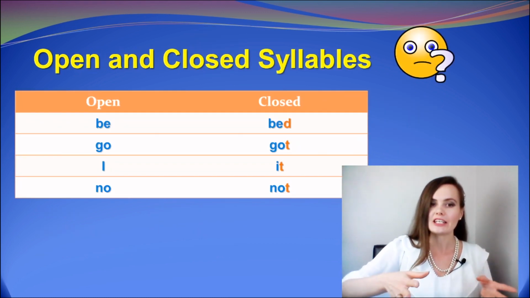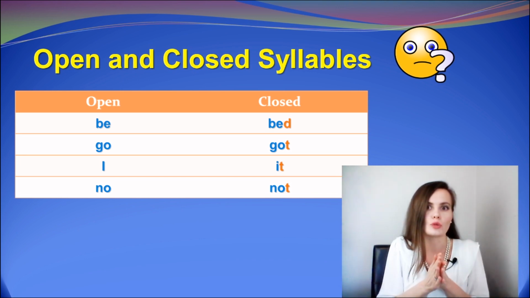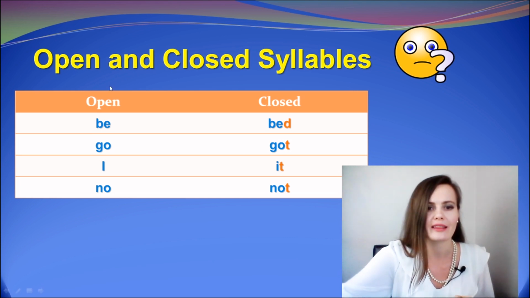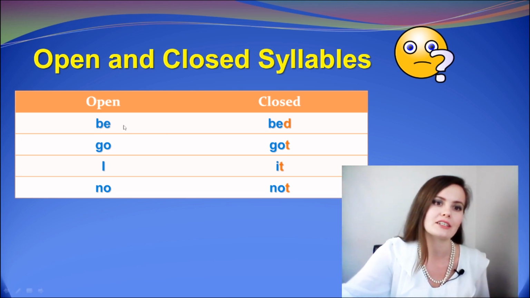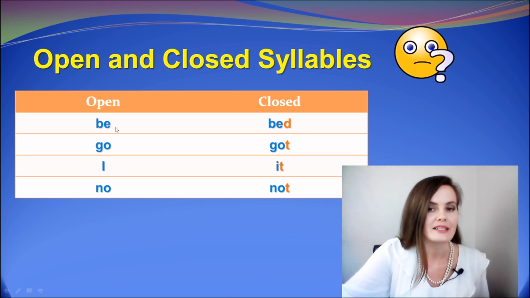Okay, so each syllable can be open and closed. What does this mean? Let's look at these words. So the first word is, you read, be. This word is bed. Both words have the vowel letter E in here and in here, right?